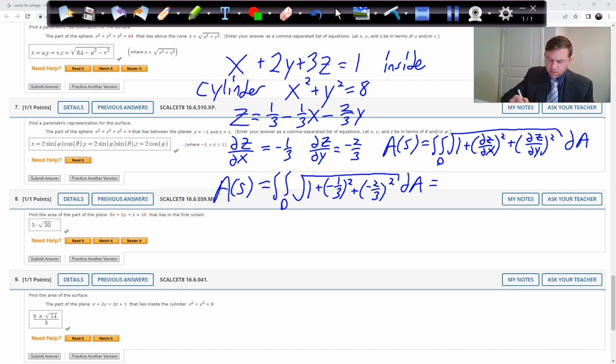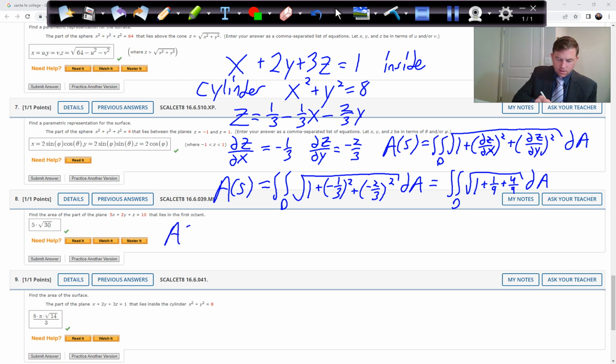This is square root of 1 plus 1/9 plus 4/9 dA, which is just the square root of 5/9 plus 9/9, which would be 14/9, and that can be outside of the integral now, of dA.